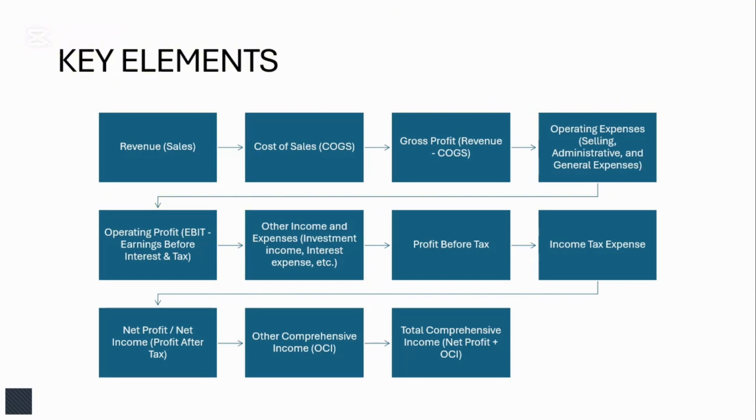Then we can add our other comprehensive income to get our total comprehensive income, and that will be our final figure. These are all areas we will find in our statement of comprehensive income. But please remember, it's not as complicated as we might say. All right, so let's take a look at a worked example.